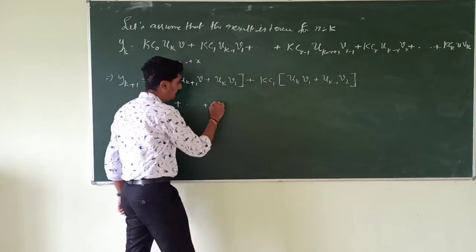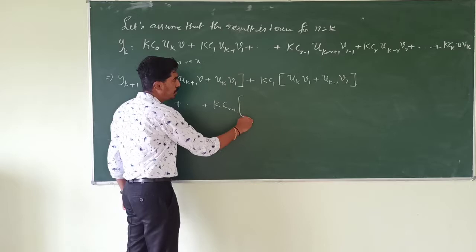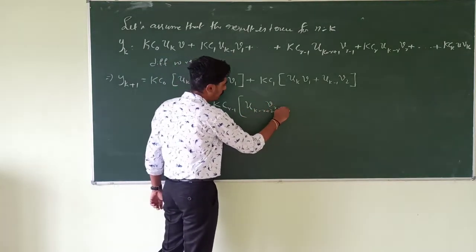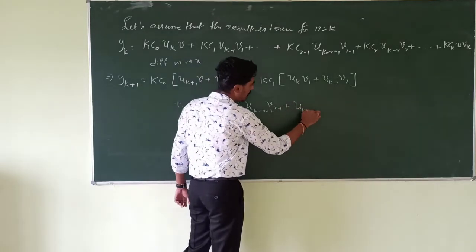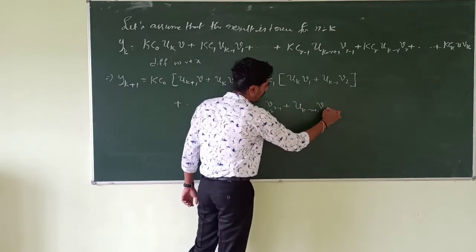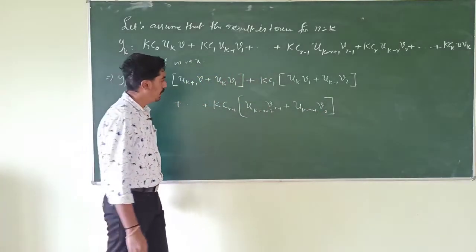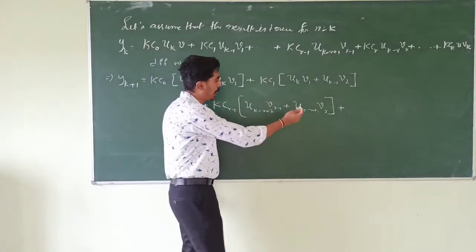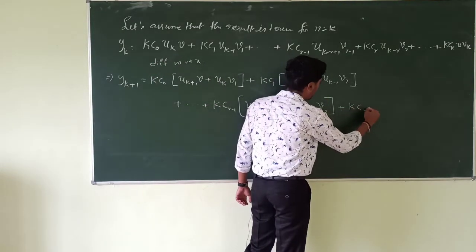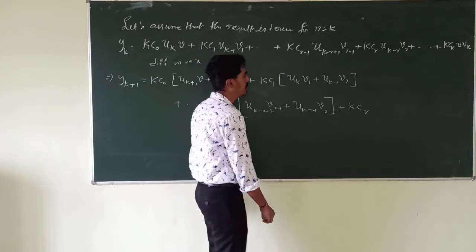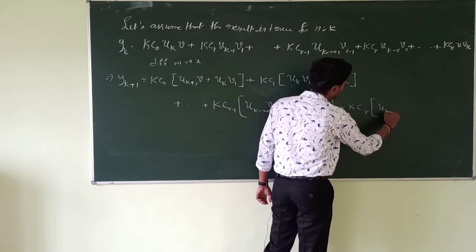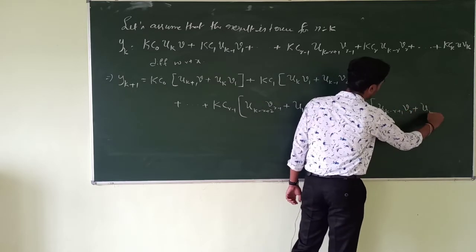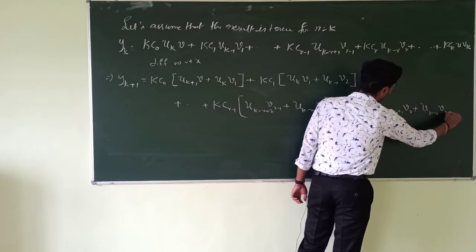Differentiating this term, I get kC(r minus 1) into u(k minus r plus 2) v(r minus 1) plus u(k minus r plus 1) vr, plus differentiating this term, I should get kCr into u(k minus r plus 1) vr plus u(k minus r) v(r plus 1).